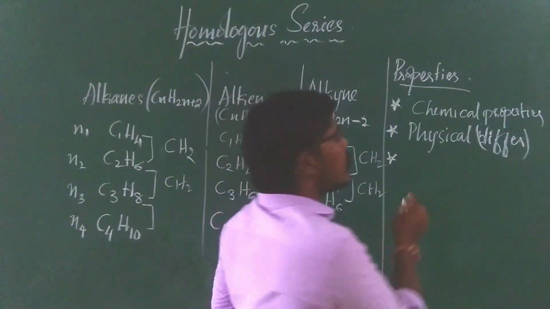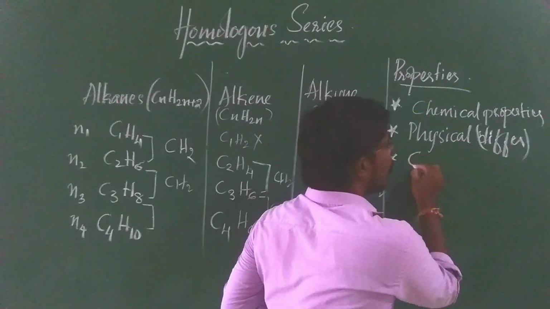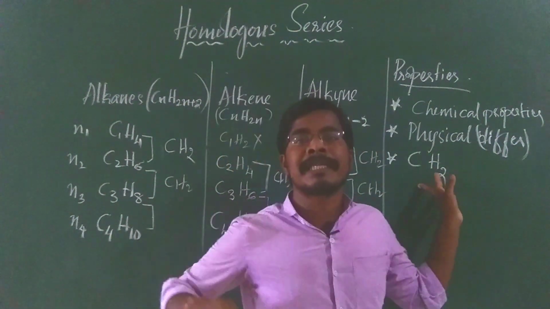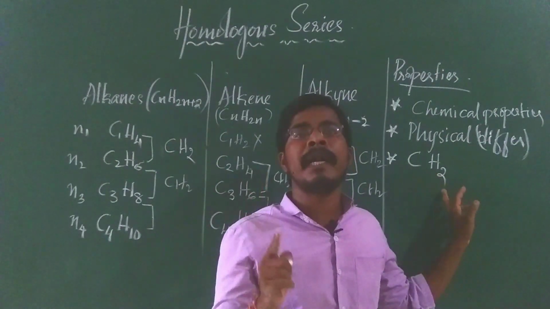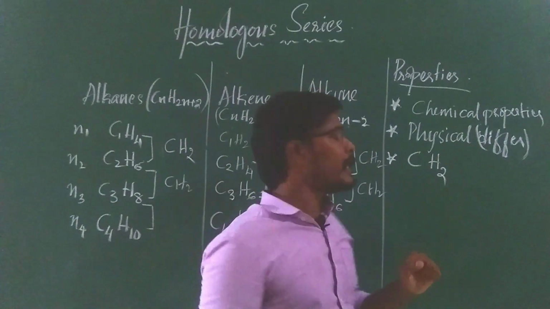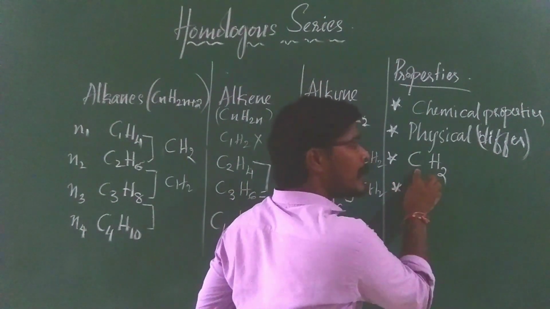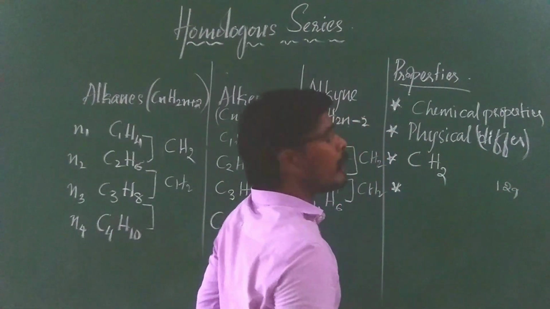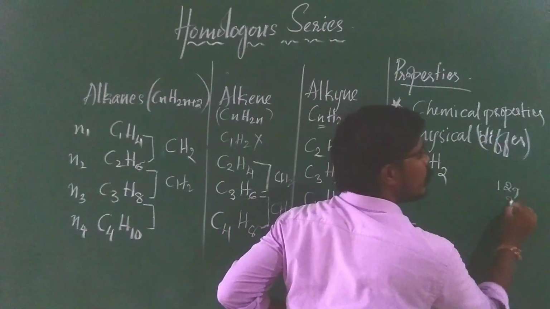See, a homologous series has a difference of one carbon and two hydrogens for the succeeding member. This will also become a property of homologous series. Based on this, one carbon has 12 grams, as you already know, and hydrogen has 2 grams.